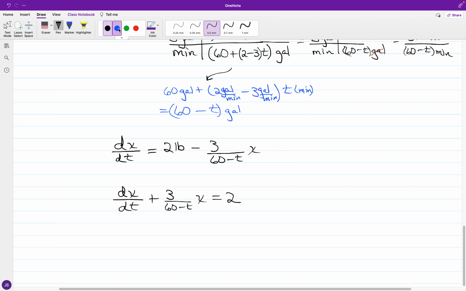And now we have, for what we have had previously with P of X, since we now have the independent variable to be T, we say we have P of T is equal to 3 over 60 minus T. And for the integrating factor, where I had before e to the integral of P of X, I'm now going to have e to the integral of P of T dt.